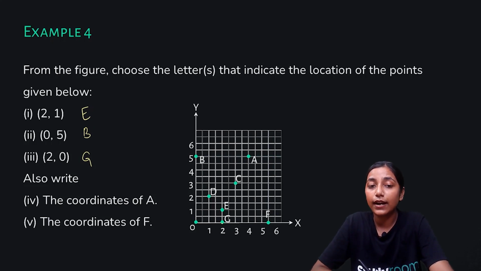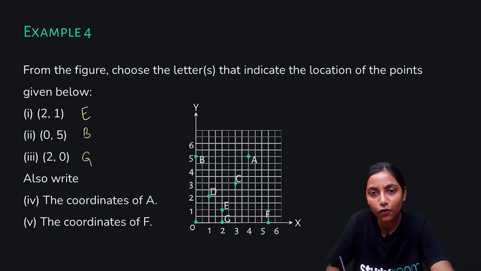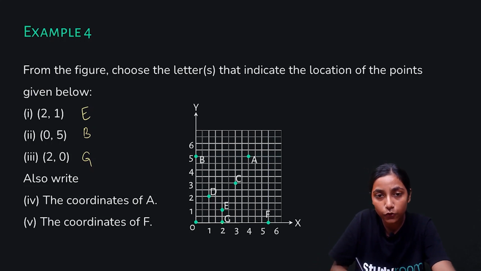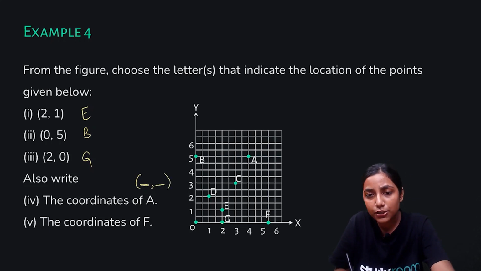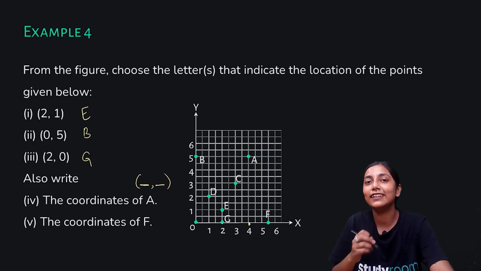Next, I am asked to write the coordinates of A and the coordinates of F. First of all, the coordinates of A. A is here. To fill this blank and then this blank, first I need to see how many units A is to the right side of origin. That is 1, 2, 3 and this is on the 4 units to the right side of origin.